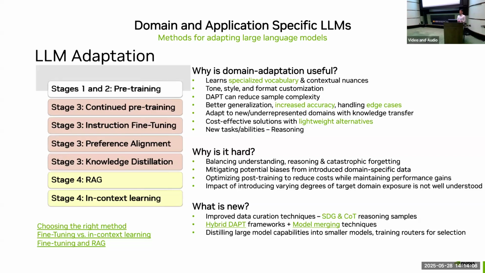It's hard, though, because we have to balance the addition of this new data with catastrophic forgetting and becoming too domain specific, so that our model becomes useless for anything else. There could also be potential biases introduced by our domain specific data that we weren't aware of, that our model may pick up on and latch onto, which we may not want.